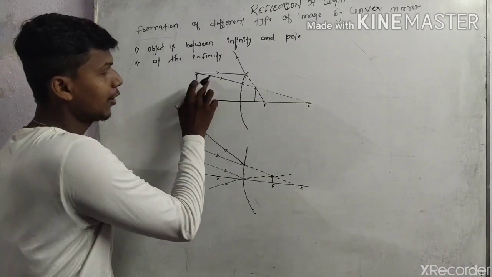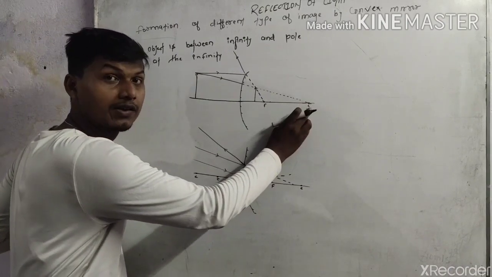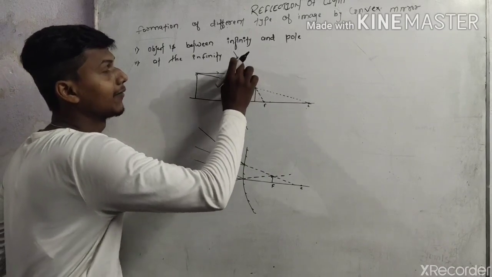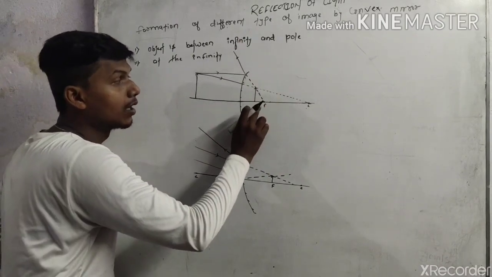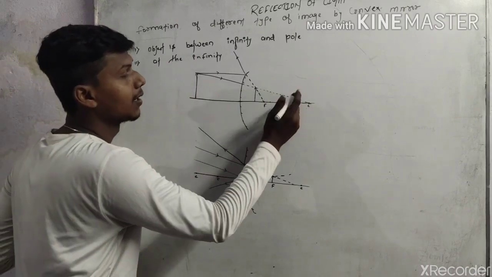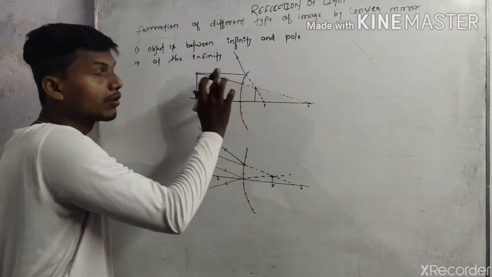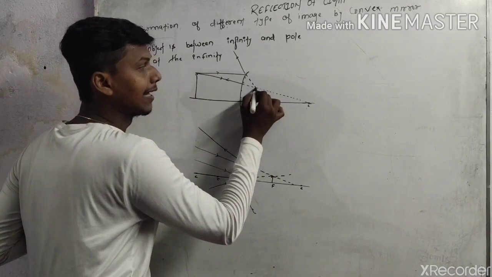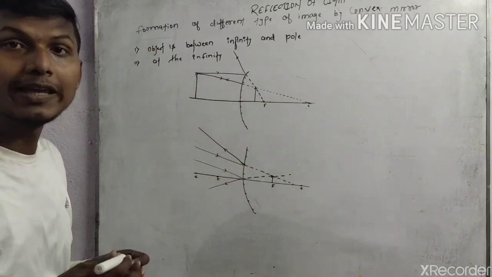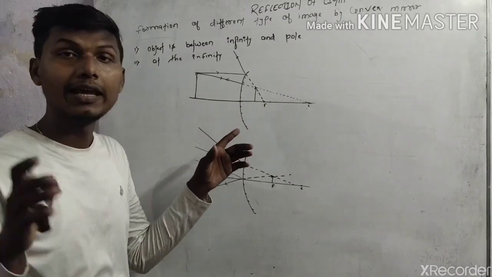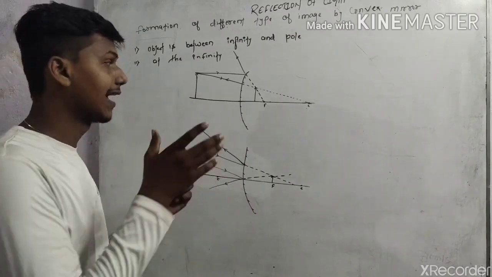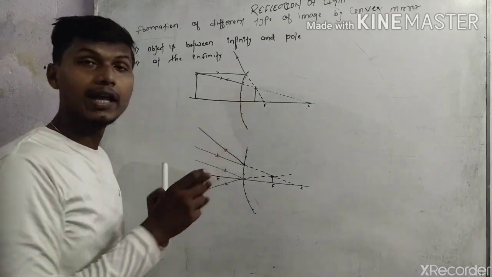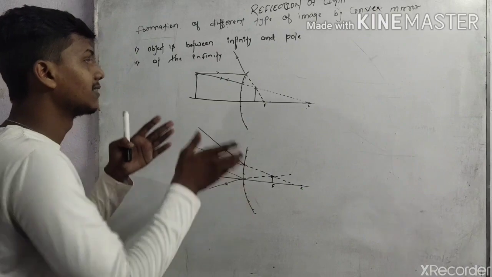The first ray of light will go directly toward the center of curvature, and the second ray will go parallel to the principal axis, which will be virtually brought to cut the focus, and it will return on the same path, and it will intersect between the focus and the pole. The nature of the image is virtual and erect, and the size of the image is diminished. It means the image here will be smaller in comparison with the object.